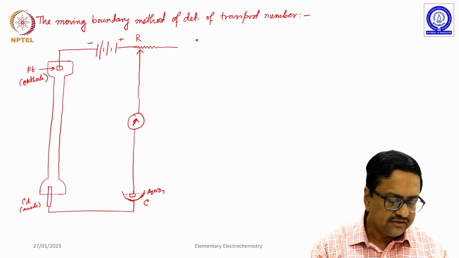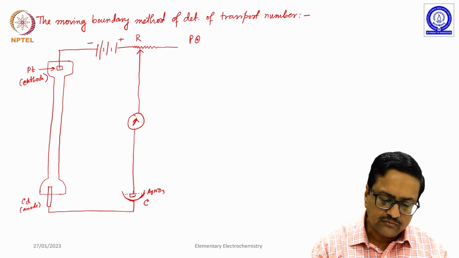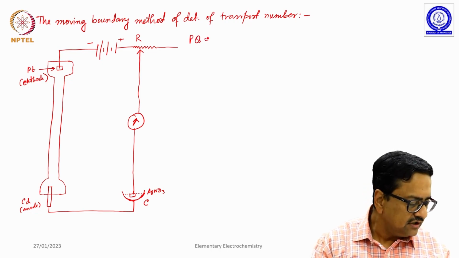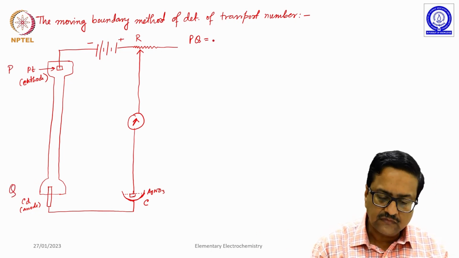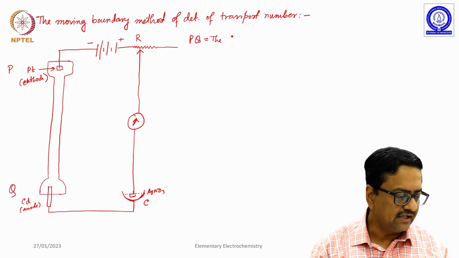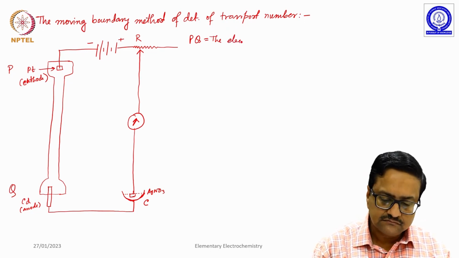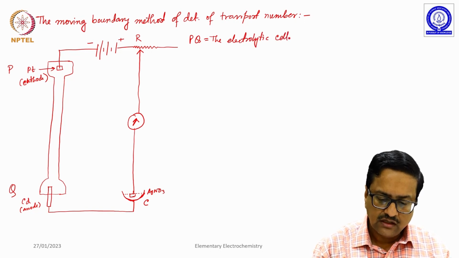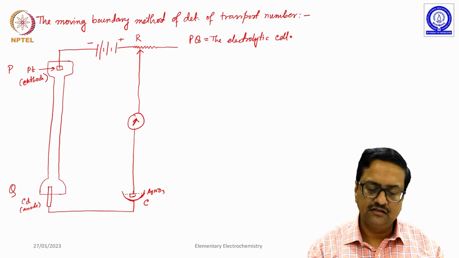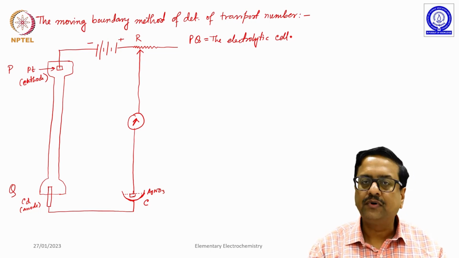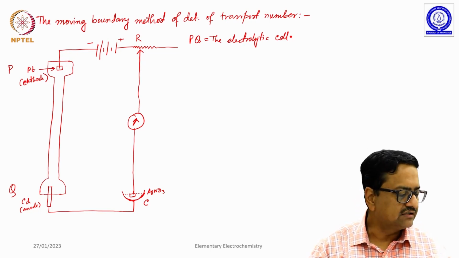So, the PQ, which is here, is the electrolytic cell, in which we will be taking the solutions of different ionic compounds to determine the corresponding transport number.